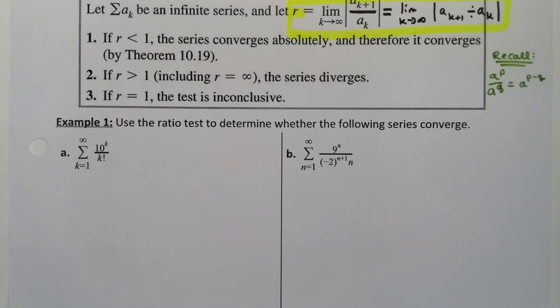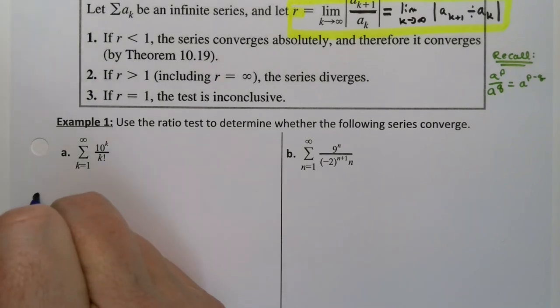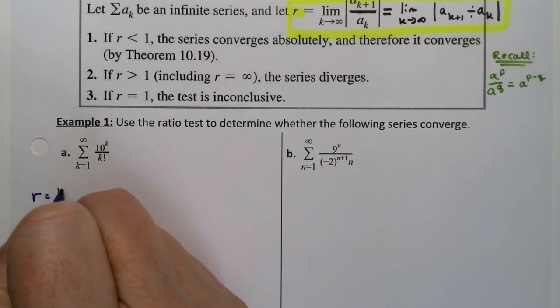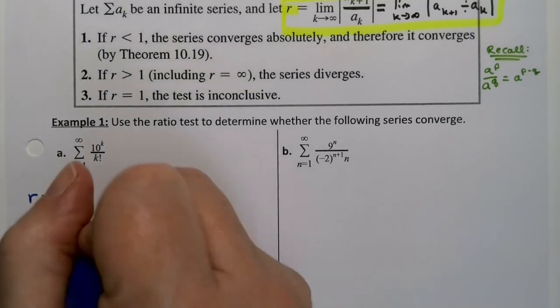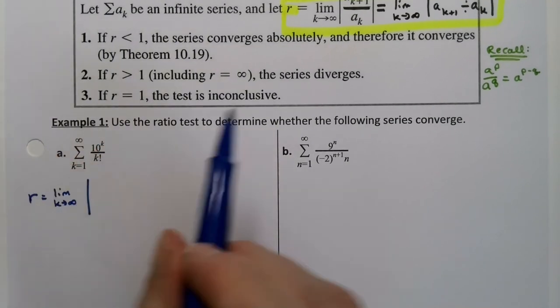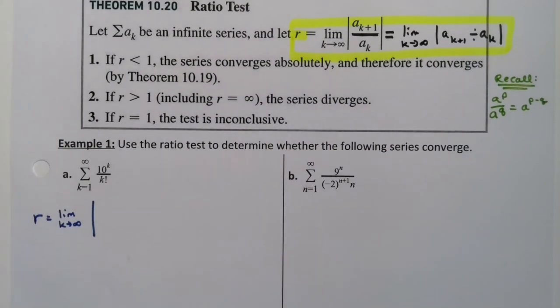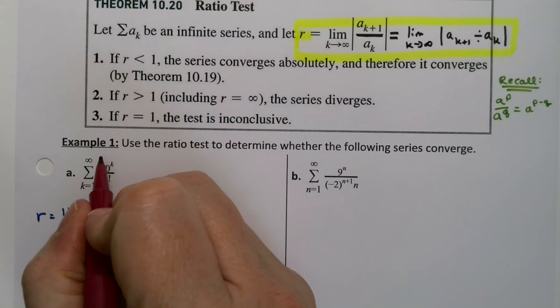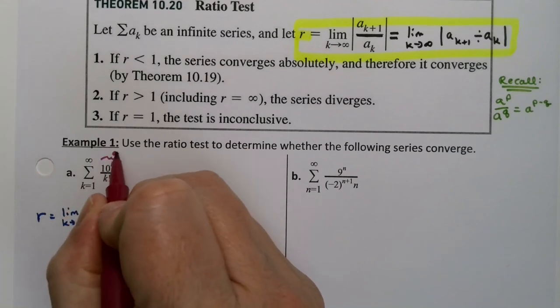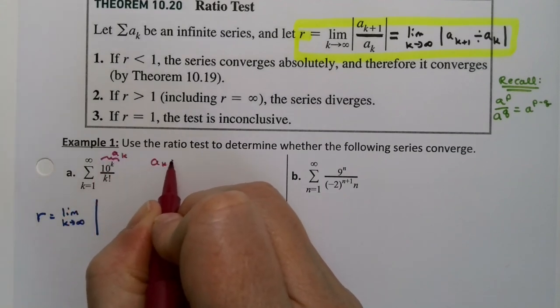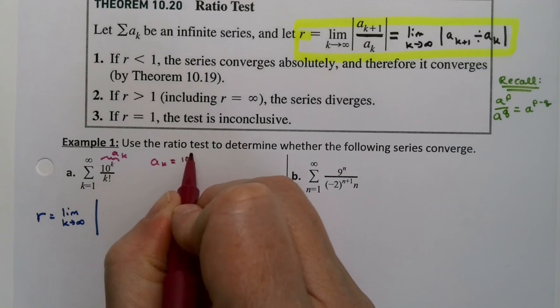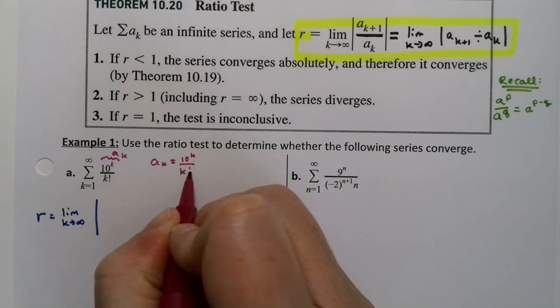Okay, so to do the ratio test, I would let R be the limit as k goes to infinity. And then I'm going to take a sub k plus 1. Keep in mind that this bit right here is a sub k. So a sub k is 10 to the k over k factorial.